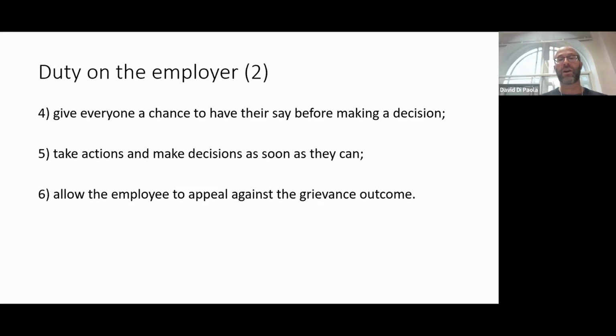So, using our bullying example, if the employee says, "Joe Bloggs is my line manager, he bullies me at work, he treats me differently to another member of staff, he's much more strict with my deadlines than anyone else's," and the employer investigates and finds that that's not the case at all, Joe Bloggs treats everyone the same, he nags everyone to make sure things are on time, the employee, if they disagree, should have a right of appeal of that decision to someone else, just to check that the correct decision has in fact been reached.